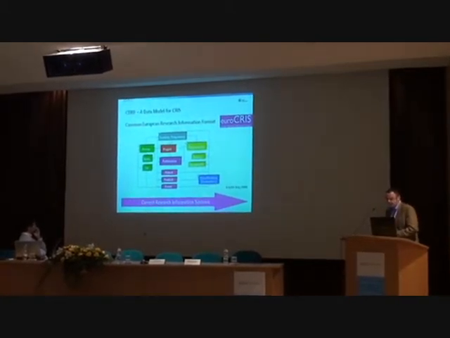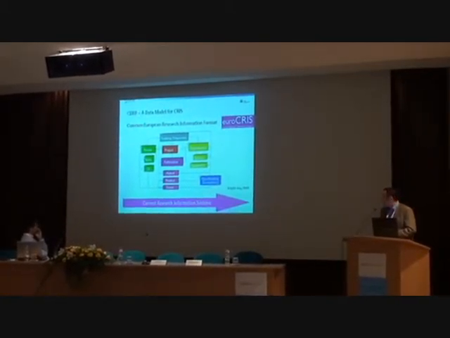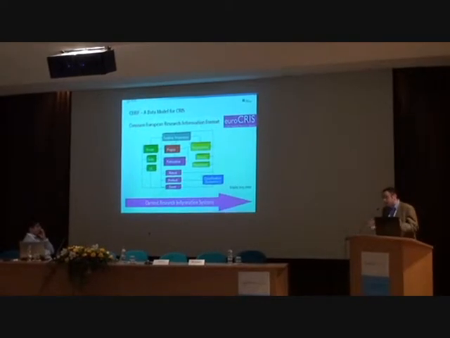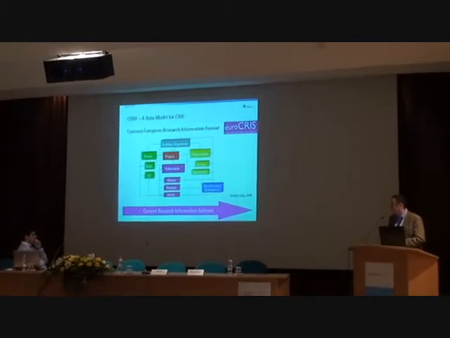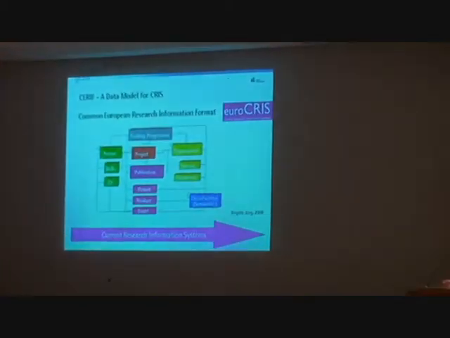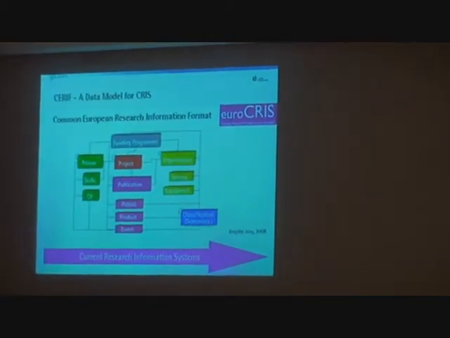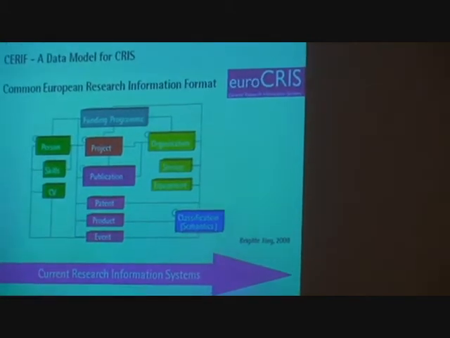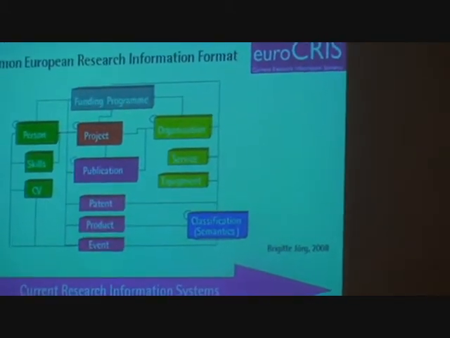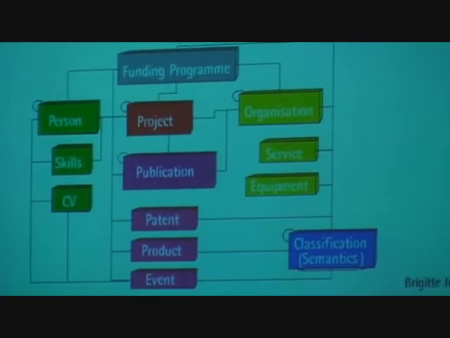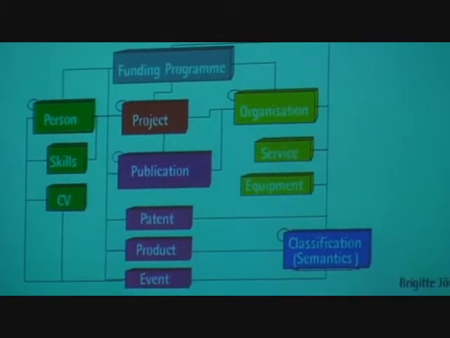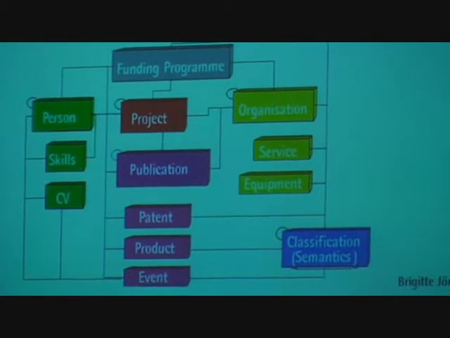Well, what euroCRIS has been developing for, I think, around 12 years or so, is a format for documenting this research information. The format is called CERIF, Common European Research Information Format, and as you can see, it's just a different way of presenting those purple circles and the lines in between from some slides ago.